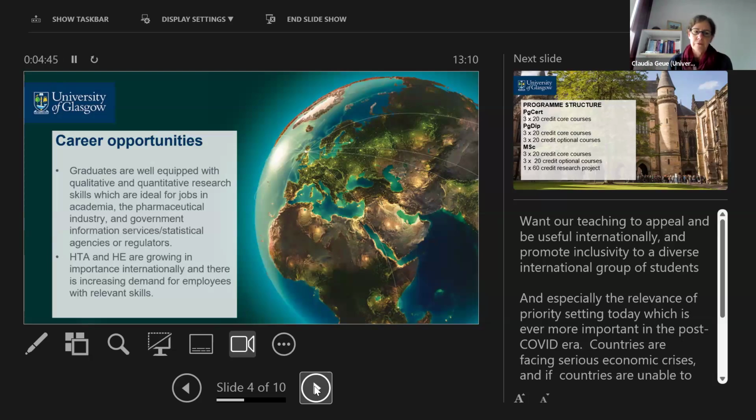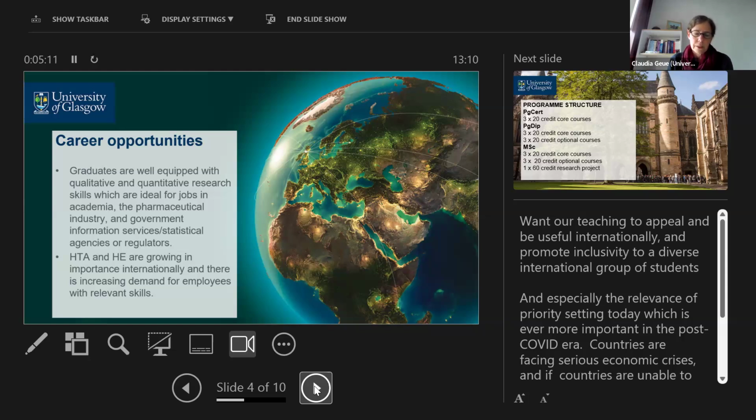Students will be equipped with qualitative and quantitative research skills, and these would lend themselves ideally for jobs in academia, so higher education, pharmaceutical industry, government information services, statistical agencies, or regulators.